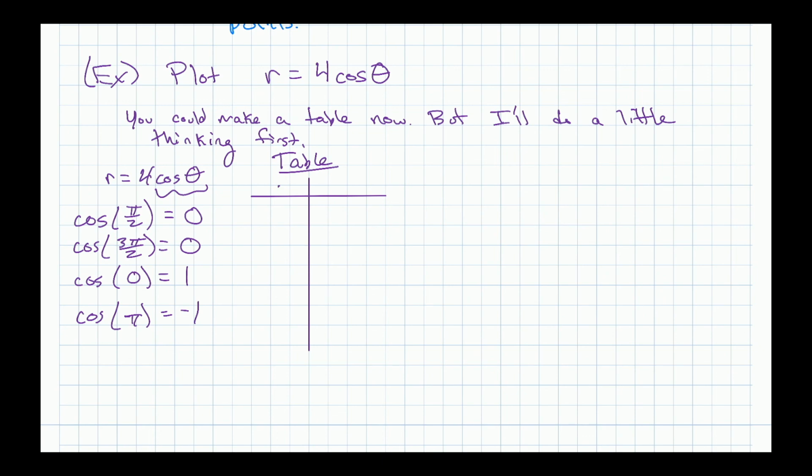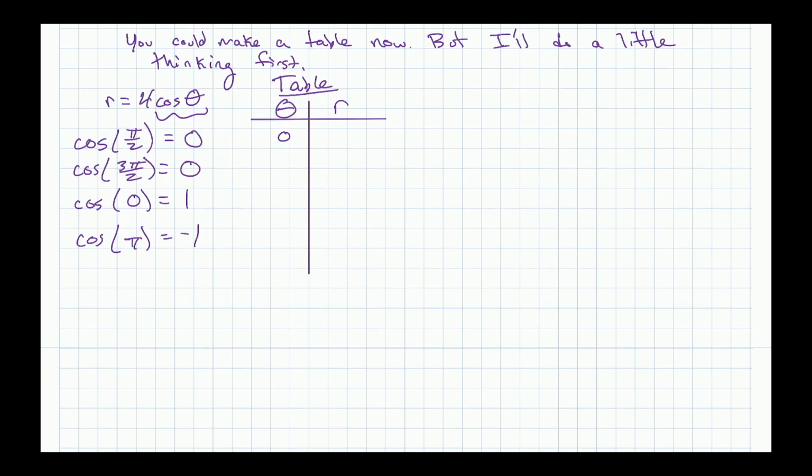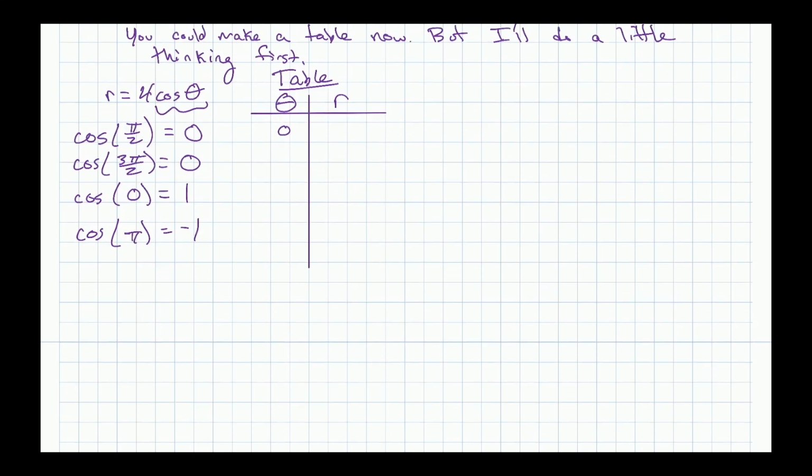So we're going to put theta and r. What thetas are we going to need? Let's start at 0, and we could do 45-degree increments, depending on how much trouble you want to go to. I guess I'm going to go 45-degree.